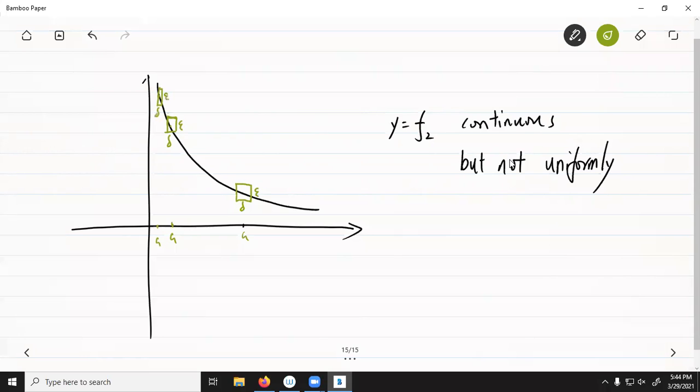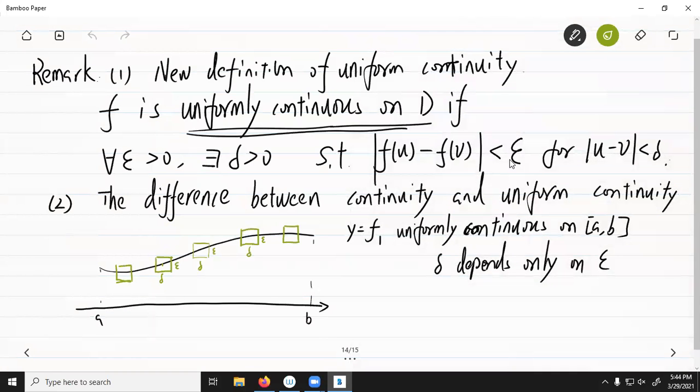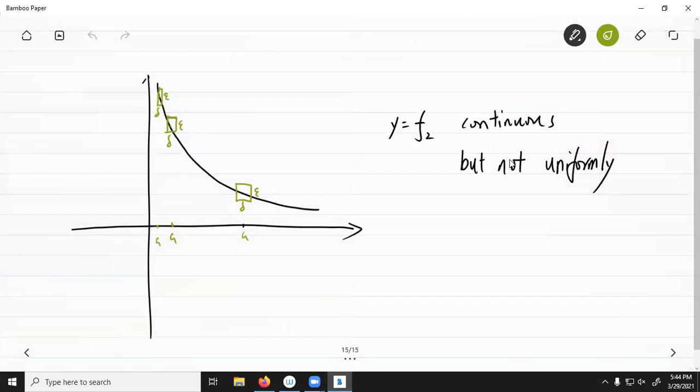This is epsilon, this is delta. So you can see the size of the box is different. But for uniform continuity, we can use the same box. If epsilon is given, this box will be fixed. For this one, it's continuous but not uniformly. For a given epsilon, the delta cannot be determined because it changes depending on the position of A.